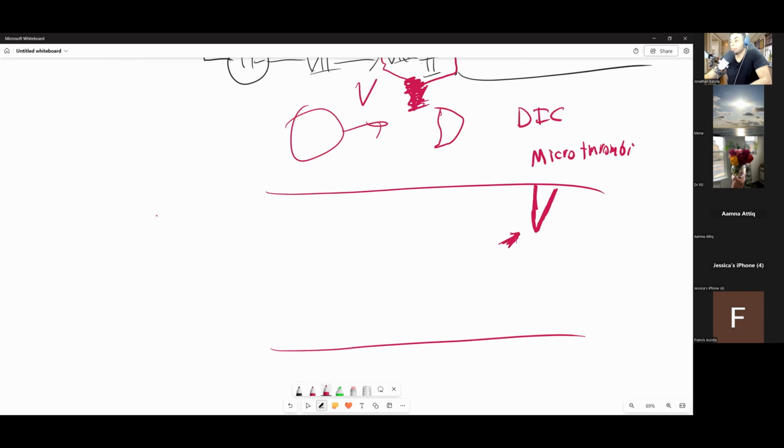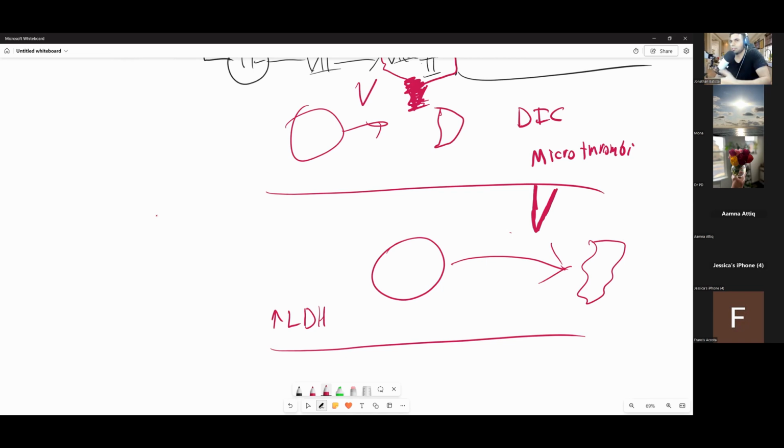So what's happening here with this microthrombi? Any kind of RBC that goes by its path will get ripped. This leads to schistocytes on the peripheral blood smear. This leads to an increase in LDH, lactate dehydrogenase. A decrease in haptoglobin.